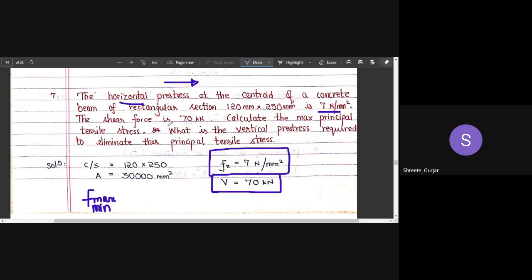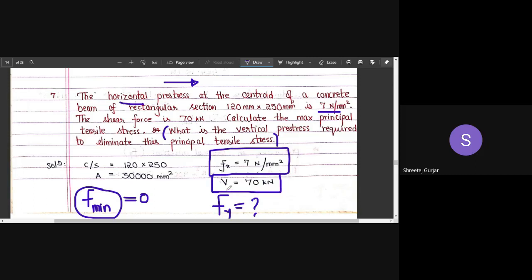This is the second part of the question, wherein we have to find the value of Fy required to nullify F minimum. In the first case, taking Fy as 0, we arrive at some F minimum value. In the second case, we calculate the value of Fy required to make F minimum equal to 0.